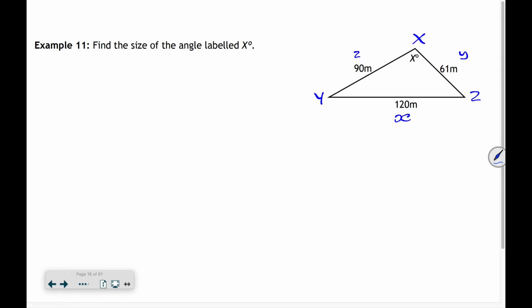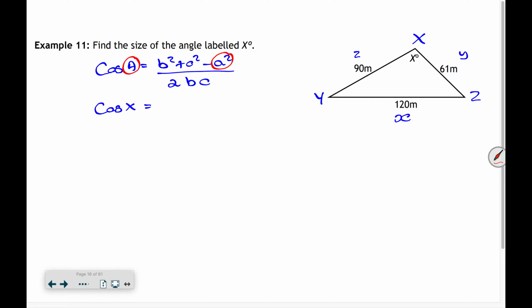So always start by writing out the formula you're given, which is cos A is equal to b squared plus c squared minus a squared all over 2bc. And remember what I said, look at the pattern of your letters. You are being asked to find the value of angle X, so it's cos X. Look at where A and a are in your original formula.